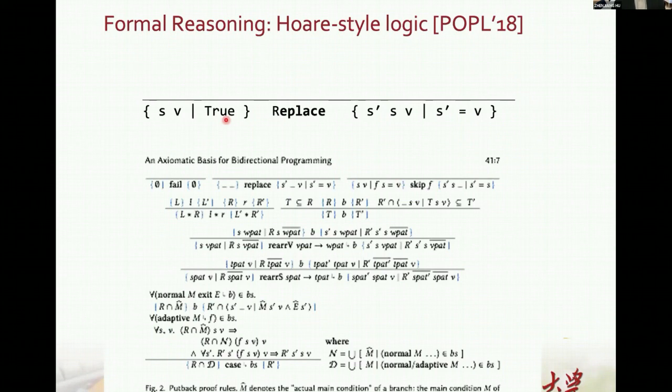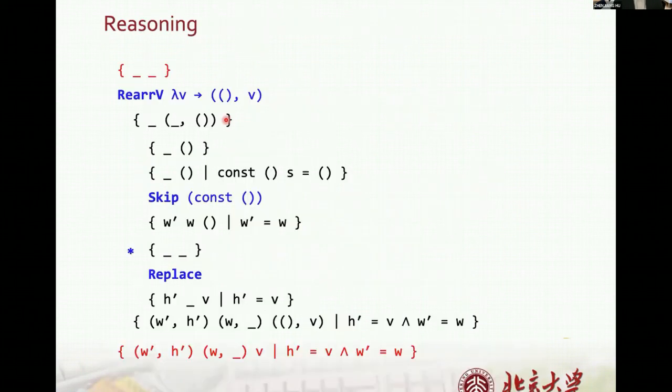I look at the time, maybe not so much time for that, so I will skip that. For example, this is exactly the example I showed before. This is the bidirectional transformation for put back of the height to rectangle. For the original source and view, I don't have any requirements.